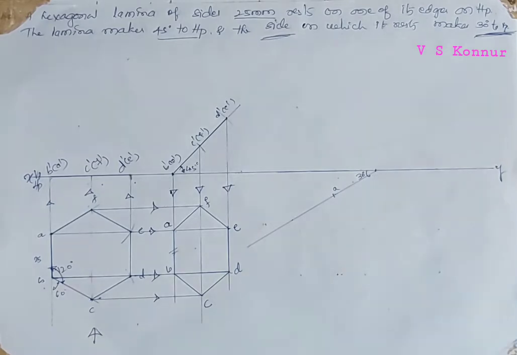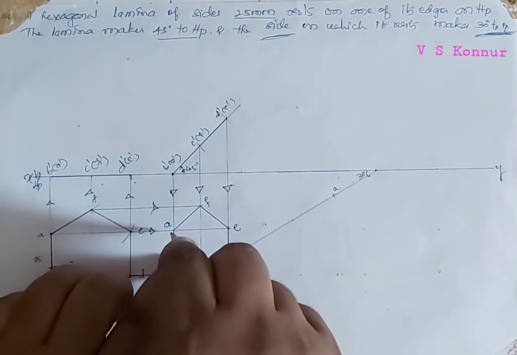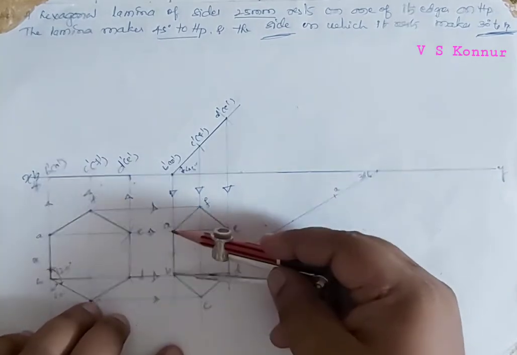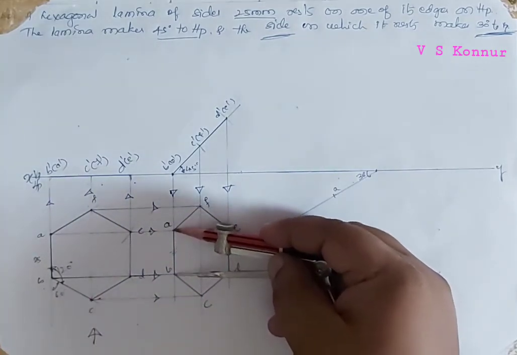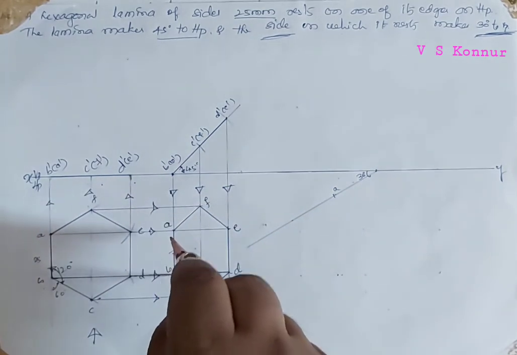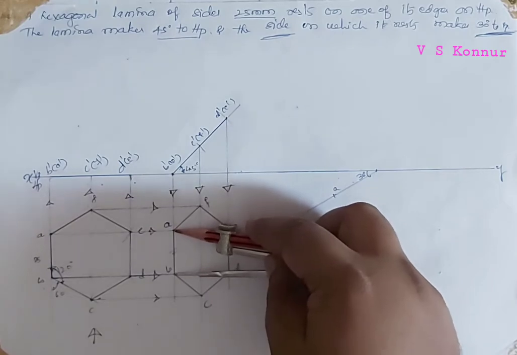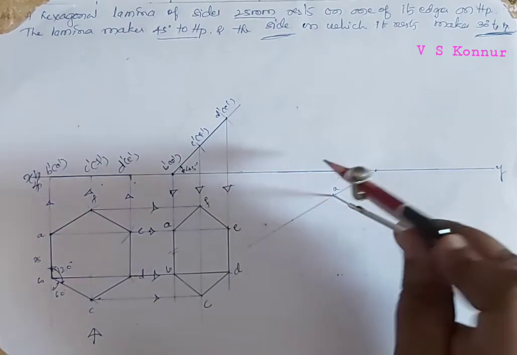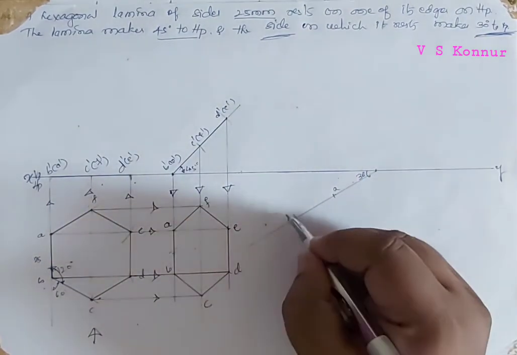So mark A point, then take the divider, take the distance from A to B. So this distance you have to take, A to B distance, and then cut that distance by keeping at A point on the 30 degree line. Right, now we will get B point.